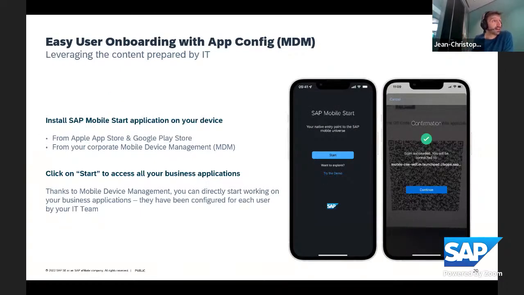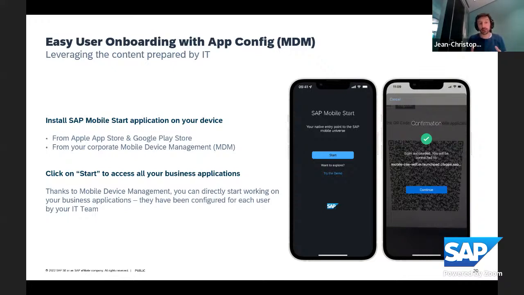Last but not least, we wanted to cover as well the mobile device management. This is available for both Android and iOS platforms. It provides a very easy way for your company and for the users in your company to onboard to Mobile Start.